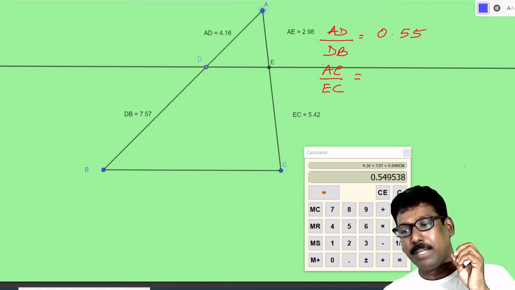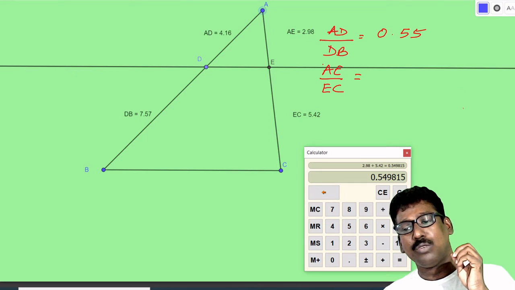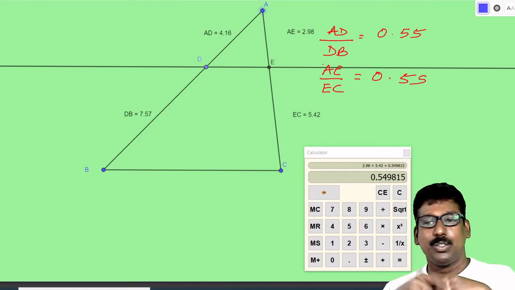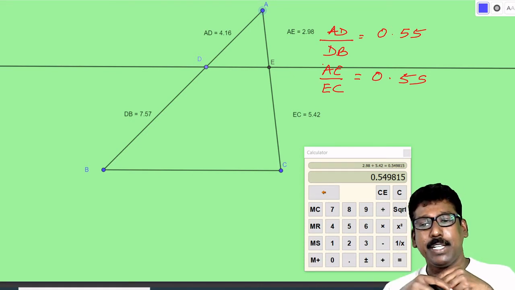And what is AE by EC? AE by EC is 2.98 divided by 5.4. Here you get 0.5498, or cut to two places of decimal, you can write 0.55. That means in all the cases you can see AD by DB is equal to AE by EC.